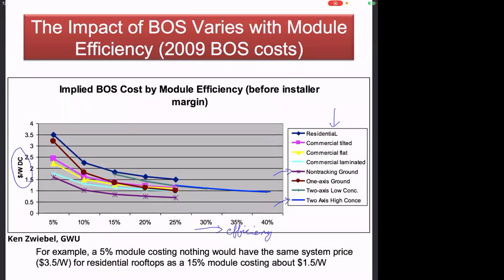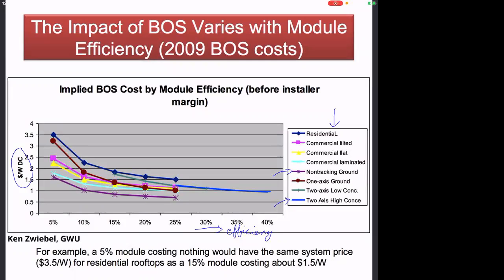Now, he made a very interesting statement at the bottom here, which is important for us to sink in: if you think about a low efficiency module, a 5% module, even if you gave it away for free, or if it costs nothing, it would still need to have a system price with the cost of power of $3.50 per watt for residential rooftops, as a 15% module costing about $1.50 per watt.